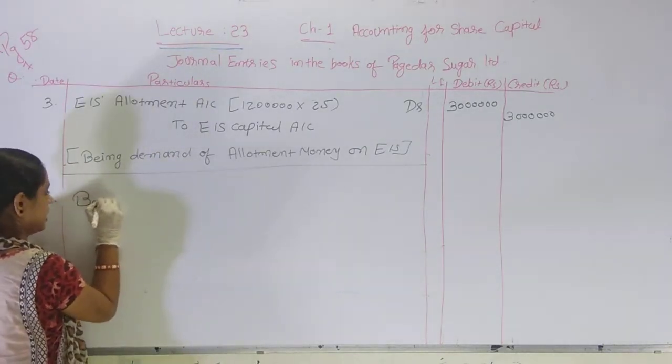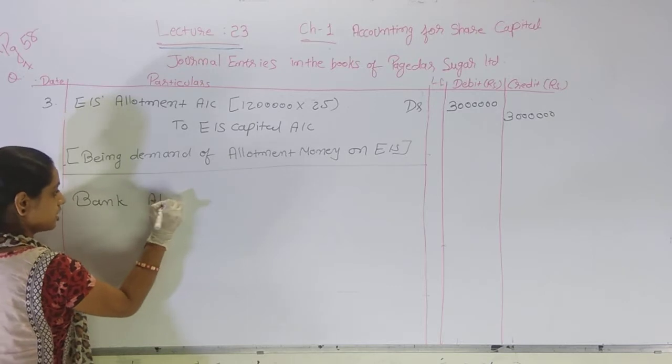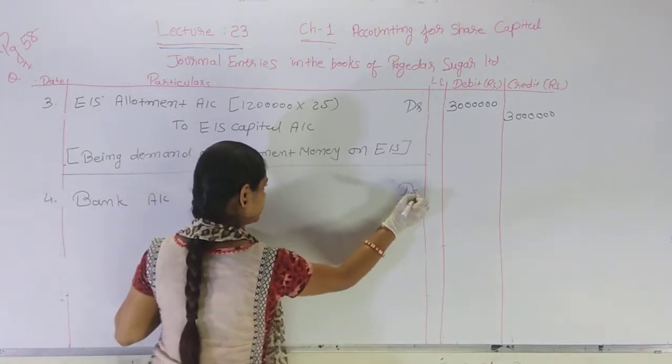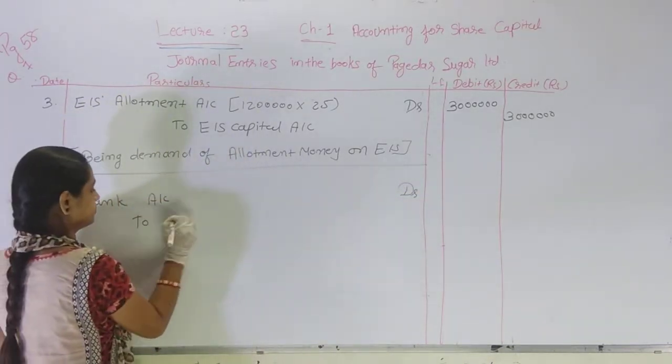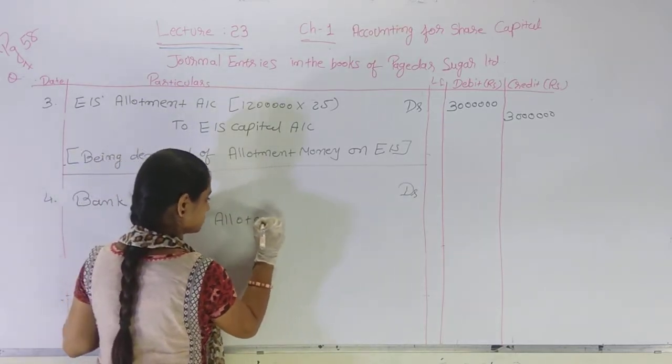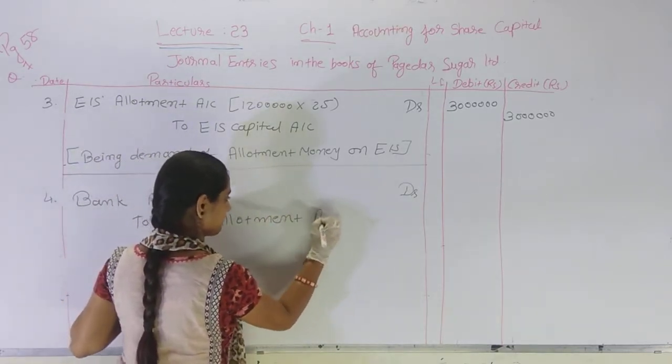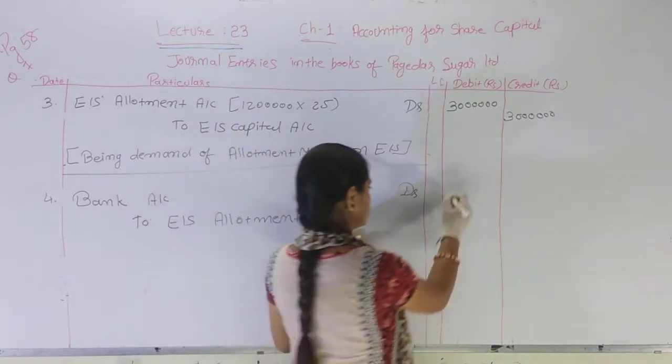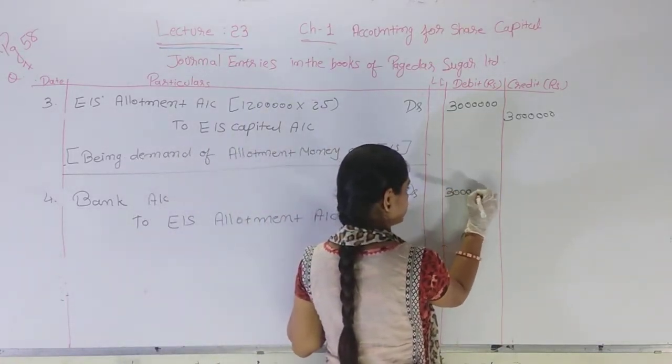So here I have to write bank account debit to equity share allotment account, 30 lakh debit, 30 lakh credit.